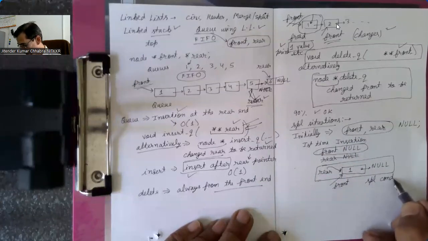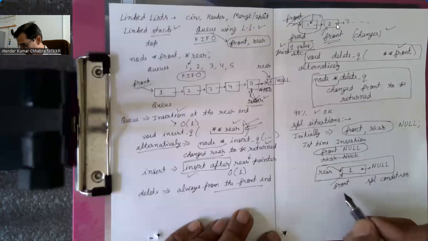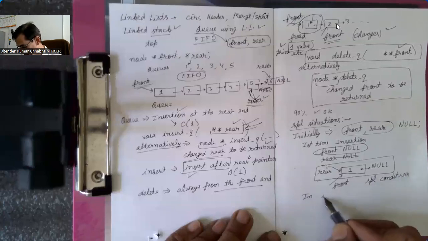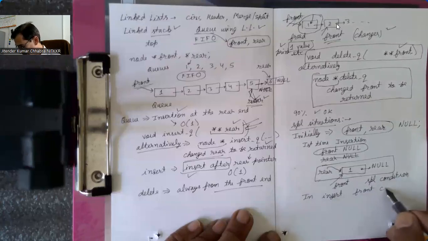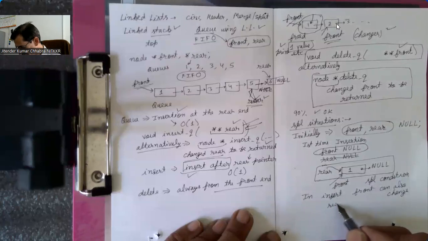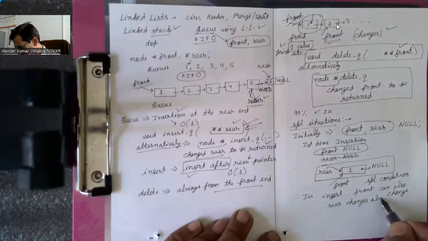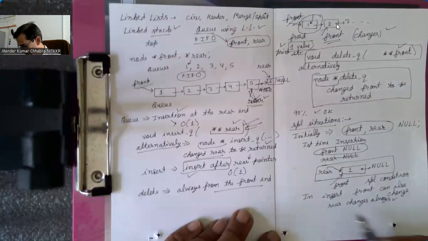And you have to handle that. That indirectly means in insert itself, front also can change. Rear obviously changes, always, because in case of an insertion, rear will definitely change.